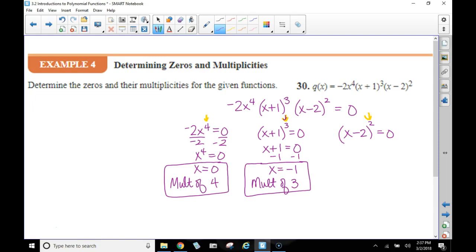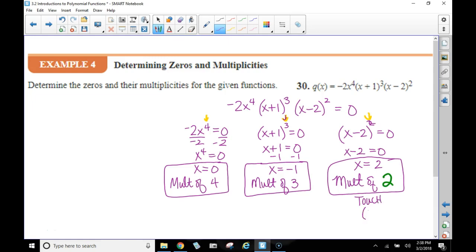For this last 0, again, we're going to set the stuff inside the quantity equal to 0 because that's what will make the whole thing be 0. So our final 0 is x equals 2, and it has a multiplicity of 2. That's going to be another touch point.